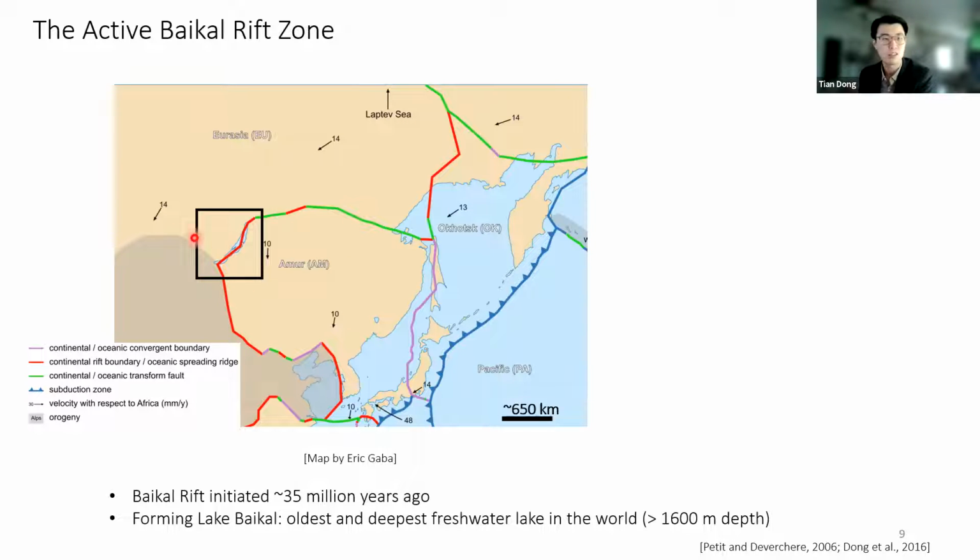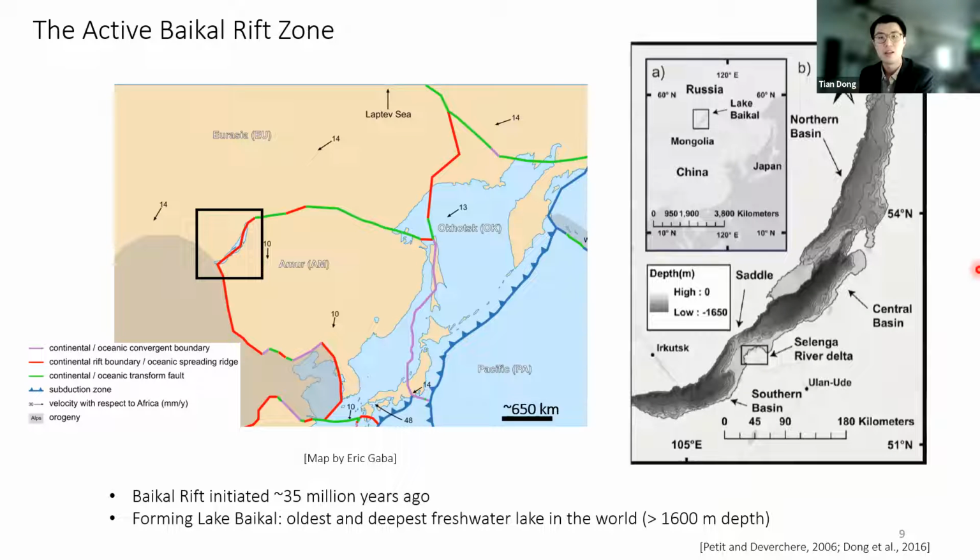If we look closely into this region, here I'm showing a bathymetry map of Lake Baikal and the Selenga Delta. Lake Baikal is the deepest and the oldest freshwater lake in the world. In the central basin, maximum water depths exceed 1,600 meters. This lake extends about 700 kilometers in the long axis, and the width is about 80 to 90 kilometers.